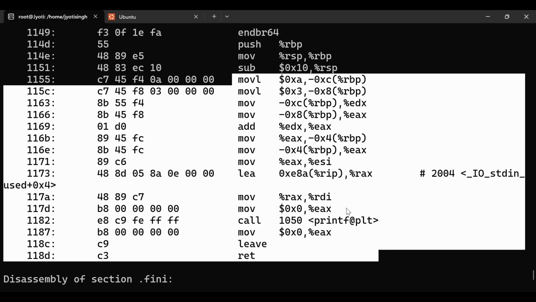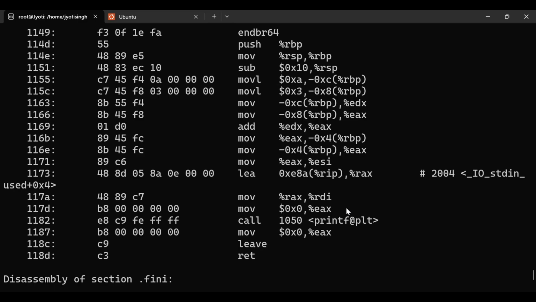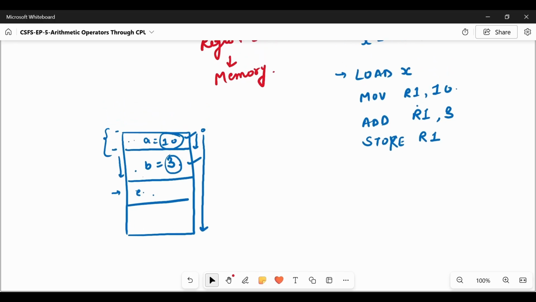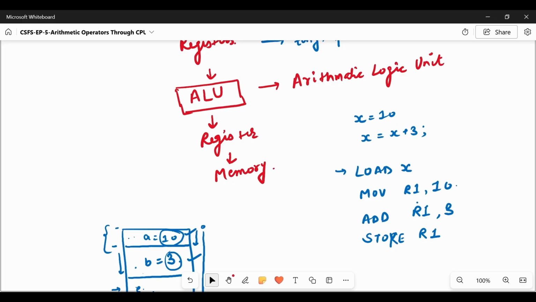All this is happening inside the CPU at that time. This is how stack operation is actually performed: load, move, add, store.